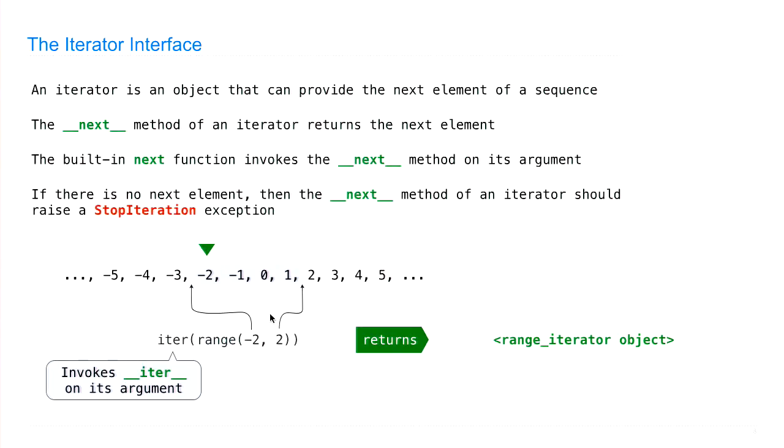So it remembers -2 is next, and if I call next on it, it will return -2. And then it will advance the iterator, so that if I call next again, it will then return -1. And if I call next again, it will return 0. And if I call next again, it will return 1. And if I call next again, then it will raise an exception, the StopIteration exception. I spent some time drawing that stop sign for you, by the way. Okay, so the iterator's job is to not just remember the sequence, but where you are in the sequence.